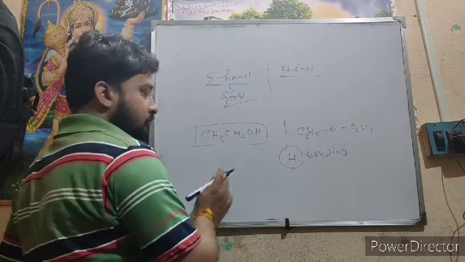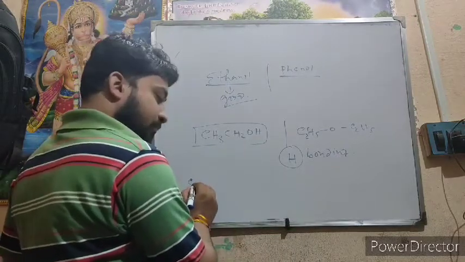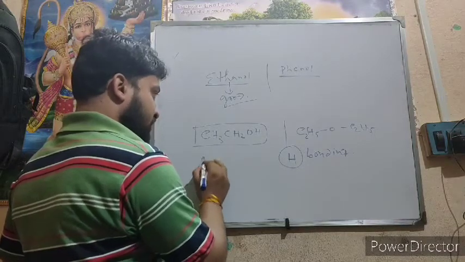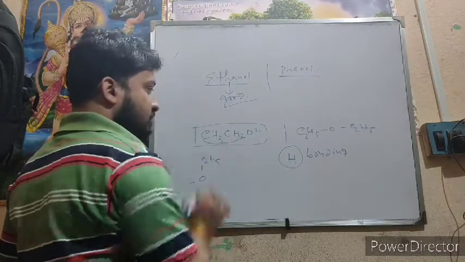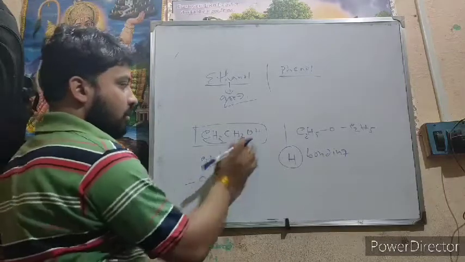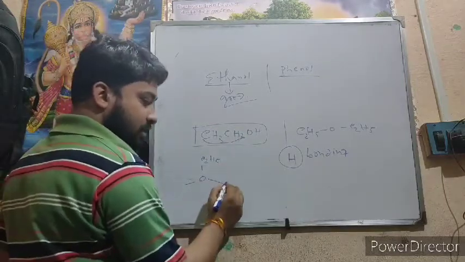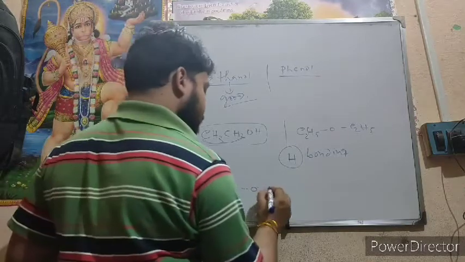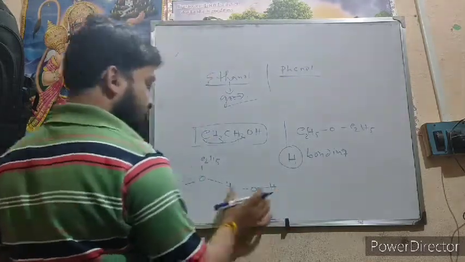Finally, if we write this way, C2H5, O, H, so H is here, it reacts with water molecules, that is H2O.